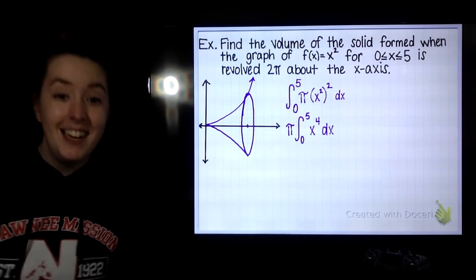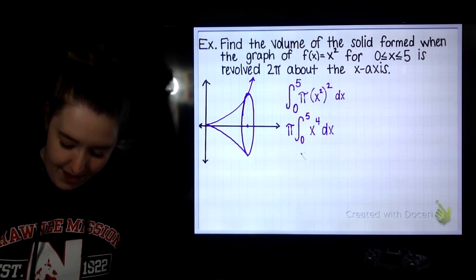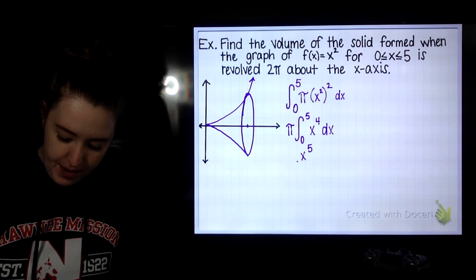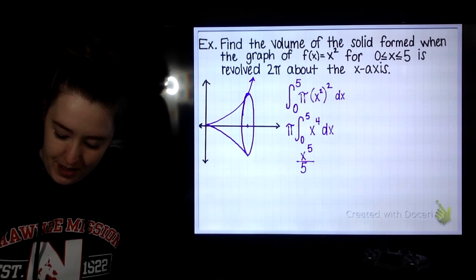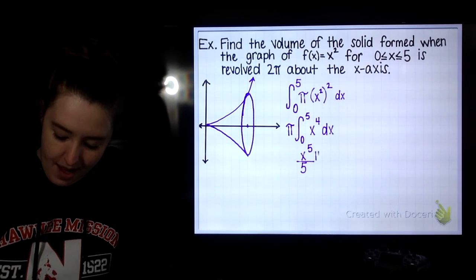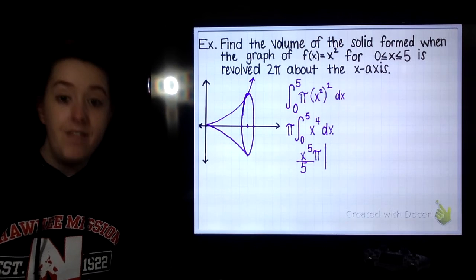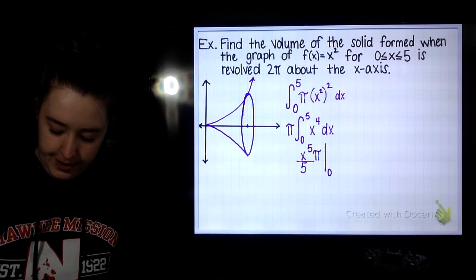So the next thing I'll do is integrate. Add 1 to the power, divide by the new power, so x to the 5th divided by 5. Remember, you're still multiplying that by pi as well. And then we want to evaluate from 0 to 5.